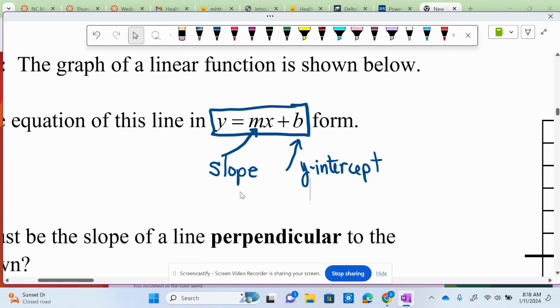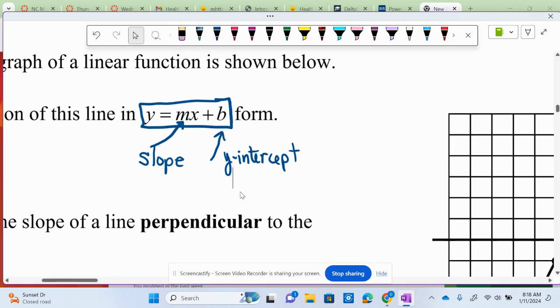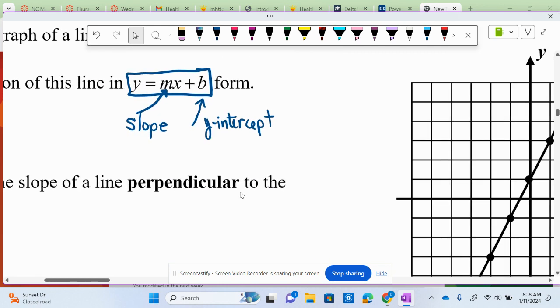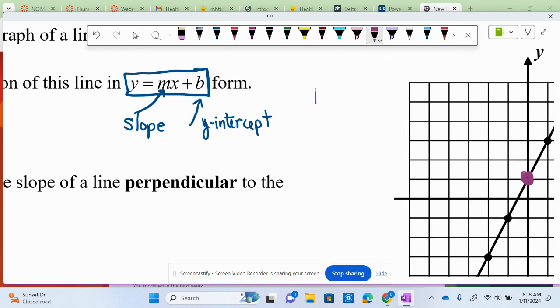Okay. So I'm going to move over to my graph, and I want to find out where the graph crosses the y-axis. So my graph crosses the y-axis right here. What is that number? 1. So b equals 1. And I write that down because that just helps me think about it.